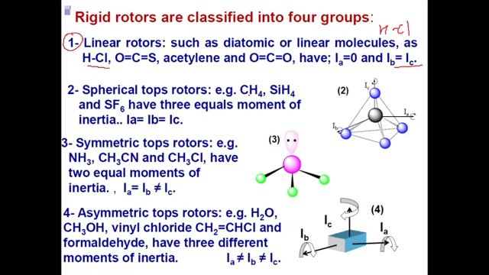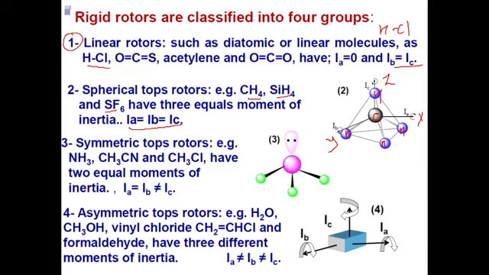Why? Let's see in this structure: this is the carbon, and the blue balls are the hydrogens. On the x-axis there is an atom, on the y-axis there is another atom, and on the z-axis there is an atom.